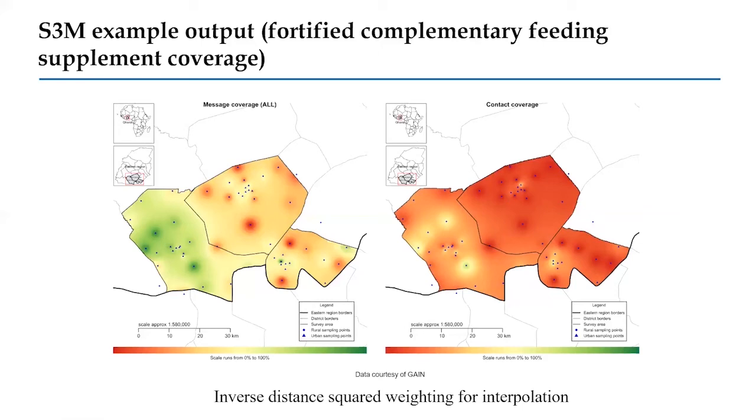So rather than 1 upon the distance squared, we might end up with 1 upon the distance to 1.3 or something, or 1 upon the distance cubed. But it gives us a presentation which is more accurate, I think.